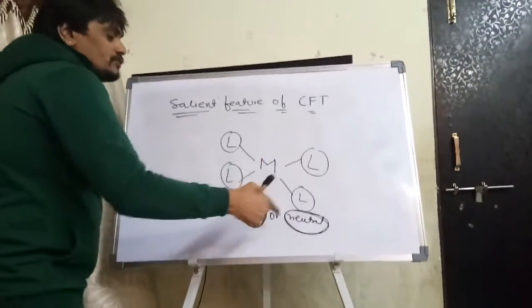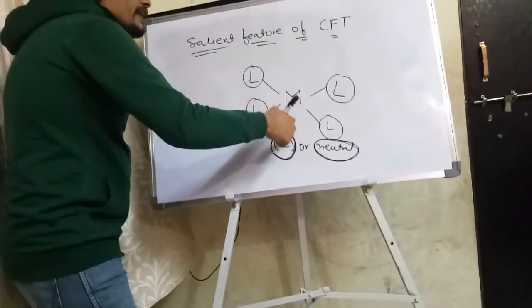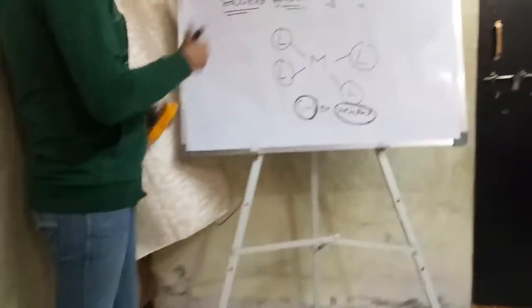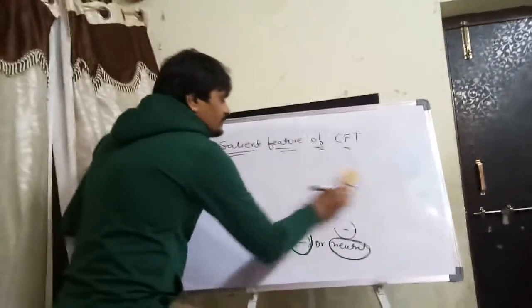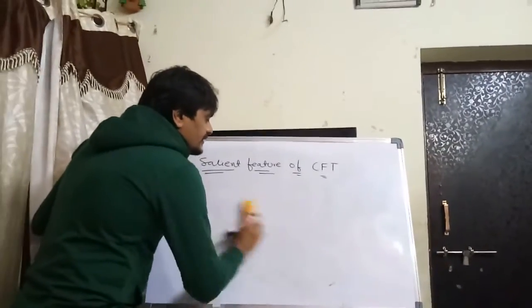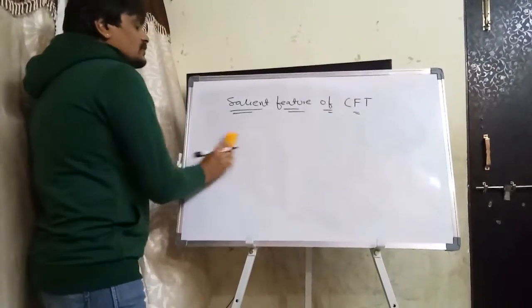That's the reason the ligand can be either negative or neutral. Now what is a ligand? A ligand is either an atom or molecule or ion, whatever it is, but definitely it should carry a negative charge or be neutral.